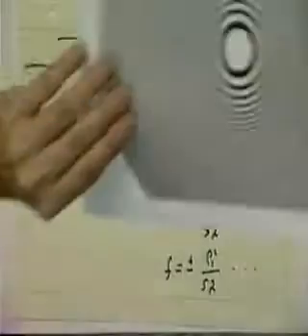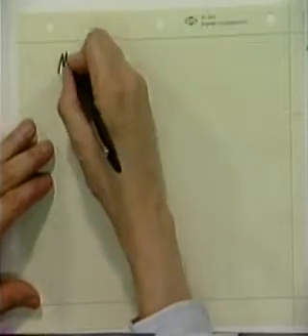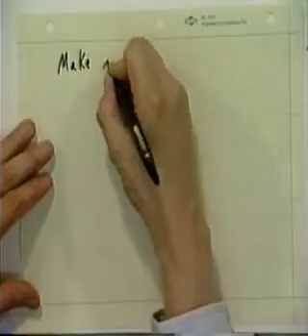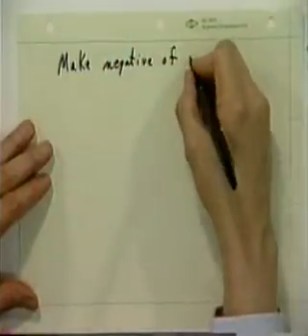So maybe I should write that down. So make negative of Fresnel zone plate.